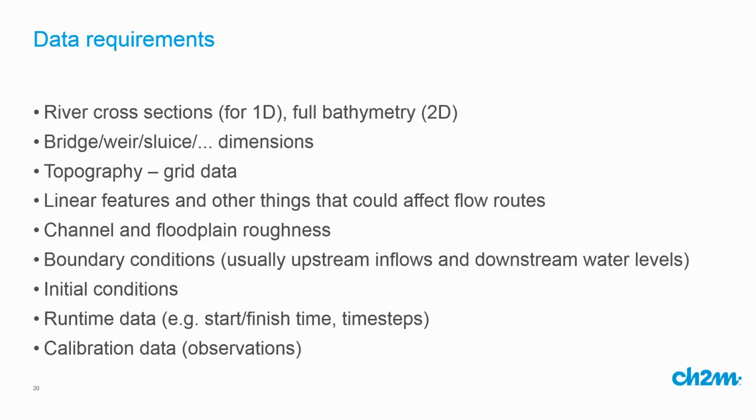If we were to do full 2D modelling of the river system itself, in bank, then we're going to need full bathymetric surveys of that river. For the point features, the bridges and the weirs and the sluices, we're going to need the dimensions of those and photos and a description of how those things look, how they work, control rules for sluices and things like that.